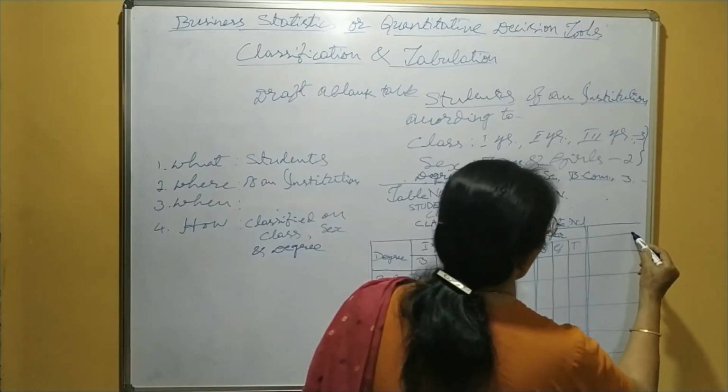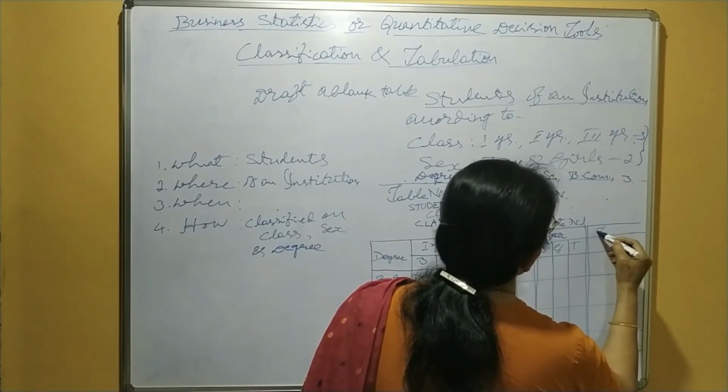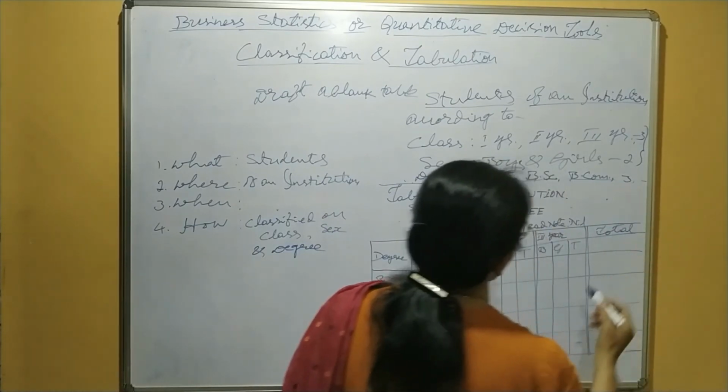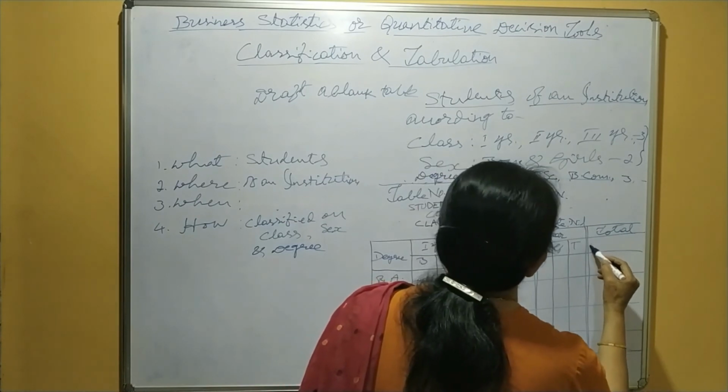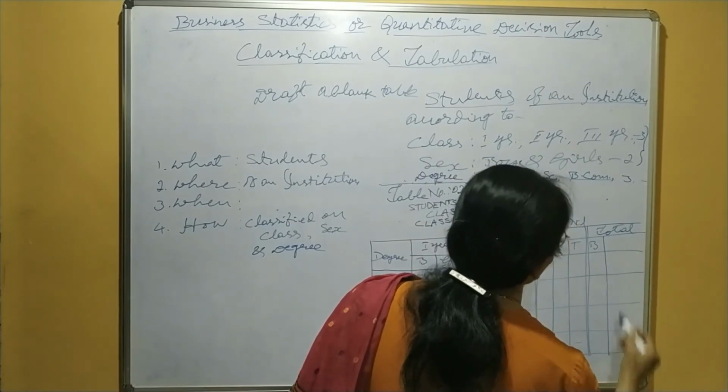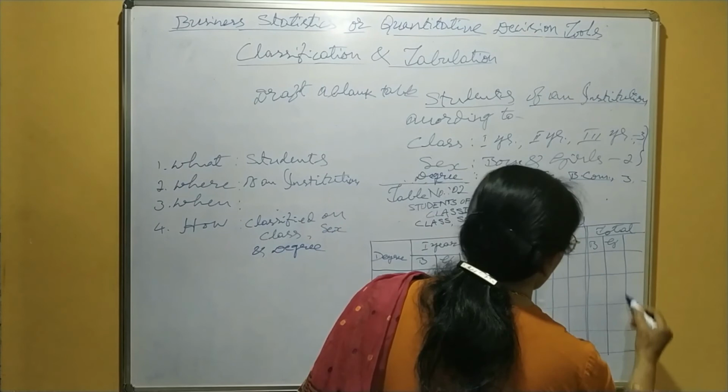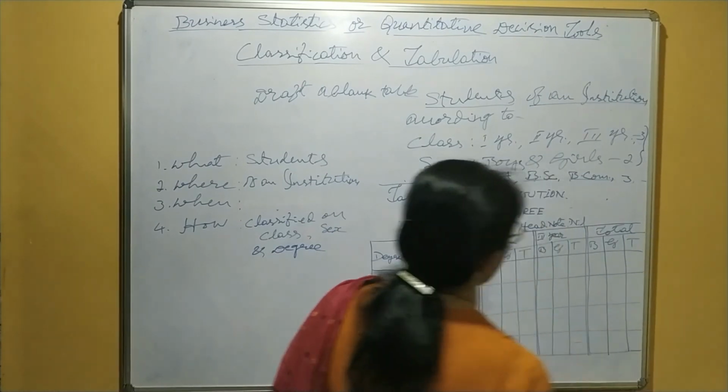Therefore, here we have to take one main total column. Main total column. Under that, we have to take boys, girls, total.